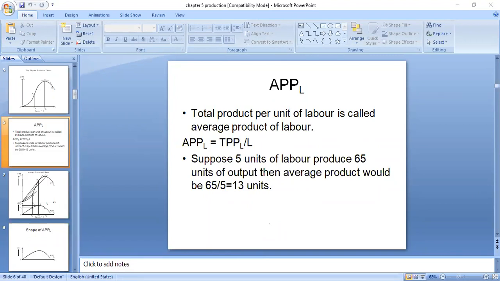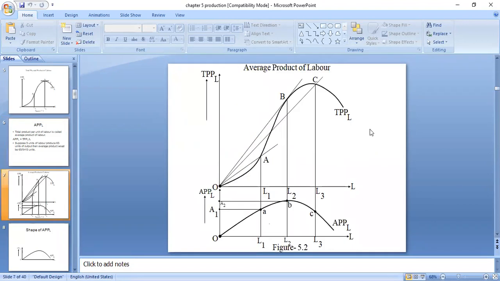Okay, now we would like to move to the next slide. This is a very important slide. In figure 5.2, we are showing the relationship between total physical product and average physical product. Look at the nature of the relationship. Look at the upper panel.